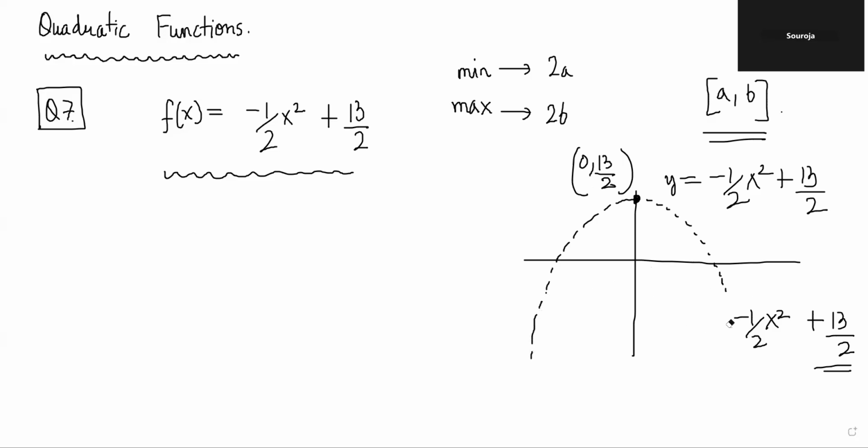And now we have to figure out on the a to b region what is the minima and maxima, where minima should be 2a and maxima should be 2b, right? So again, we will take three cases. The vertex is our point about which we will think of where a and b are.